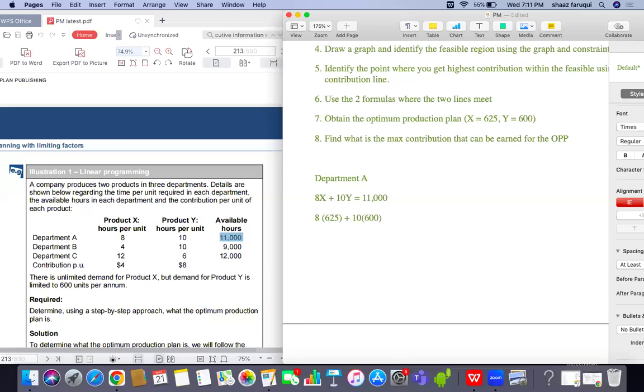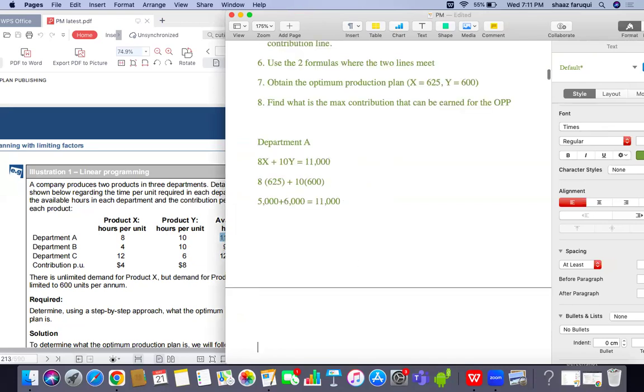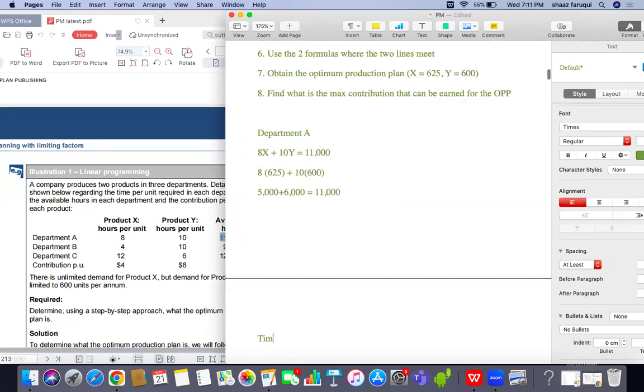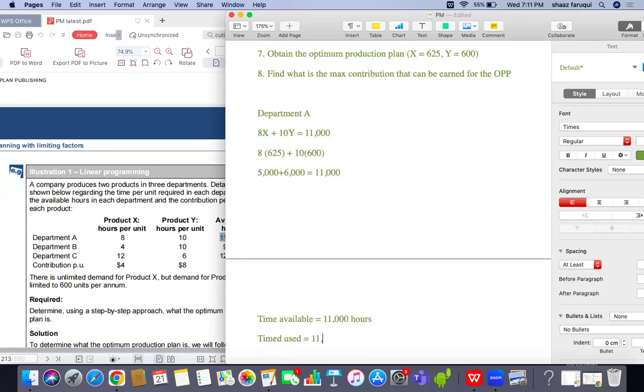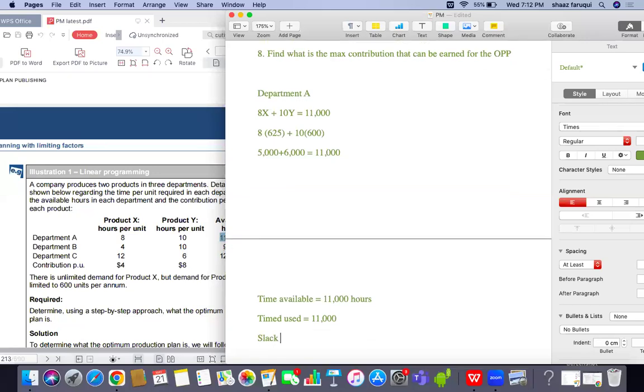So 8 into 625 is 5,000, and 10 into 600 is 6,000. So how much time did I use? I used 11,000 hours. Time available was 11,000 hours and time used was 11,000 hours, meaning there is no unused or spare capacity. So in this case, slack is 0.